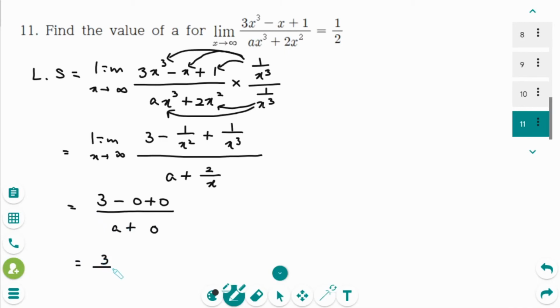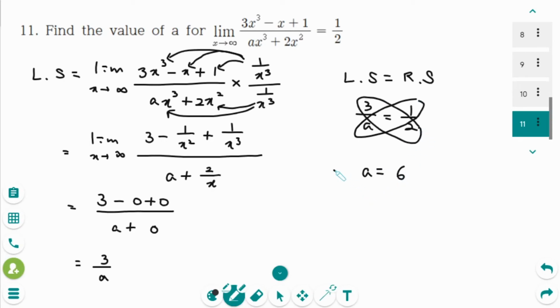So the left side is 3 over a. But the left side must be the same as the right side. So left side is 3 over a, right side is 1 over 2. And then you can use cross multiplication to find a. So a equals 6, like this. That is the answer.